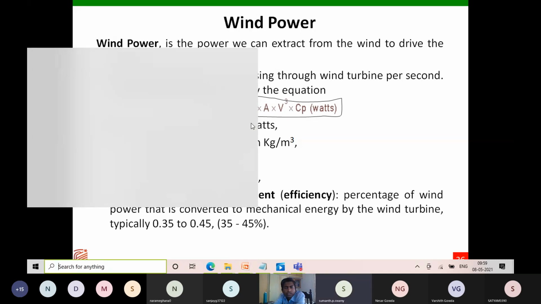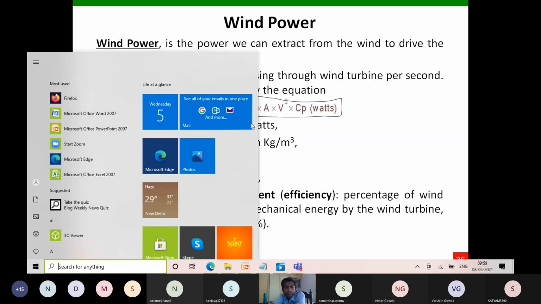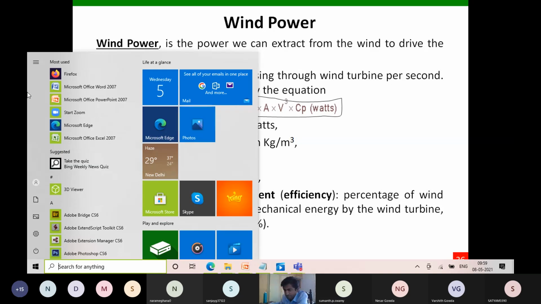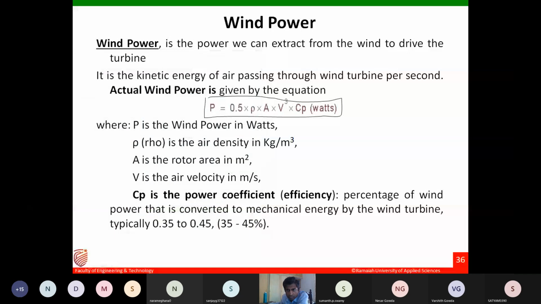Yeah, note down this equation first. A is the area of the rotor in meter square. So area is equal to pi d square by 4 because it is circular.